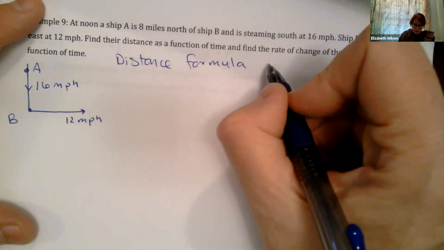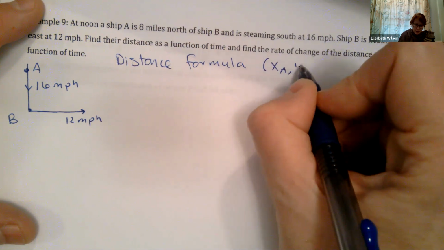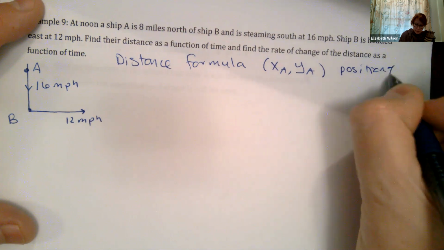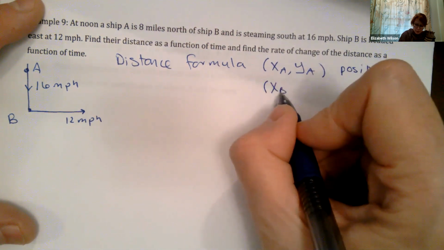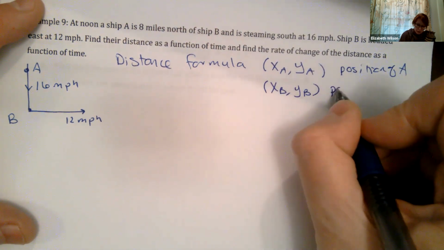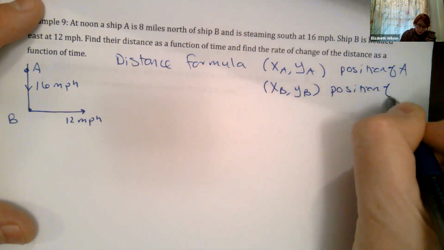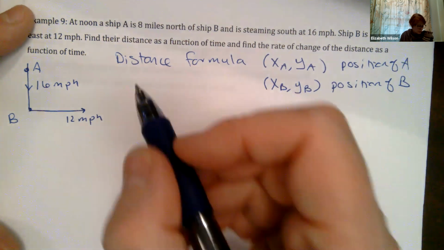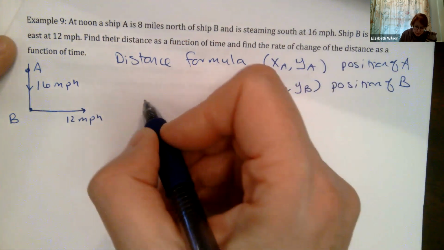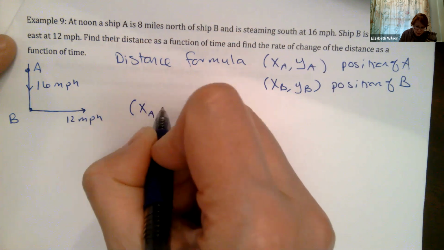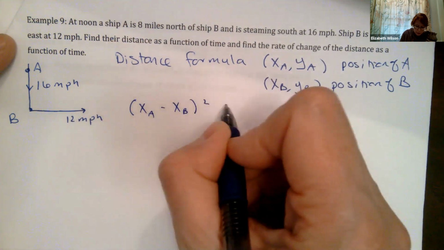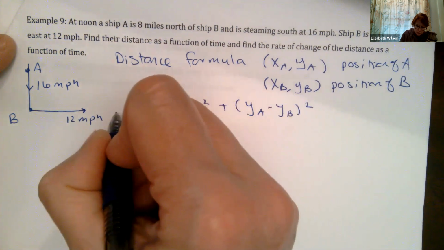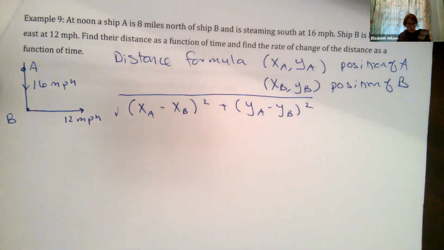Right, so I can think about x of A, y of A as my position of A. And I've got x of B, y of B as my position of B, my object B. Okay, so my distance formula says I need to subtract my x's: x_A minus x_B squared plus y_A minus y_B squared, and then take the square root. It comes from the Pythagorean theorem, right?